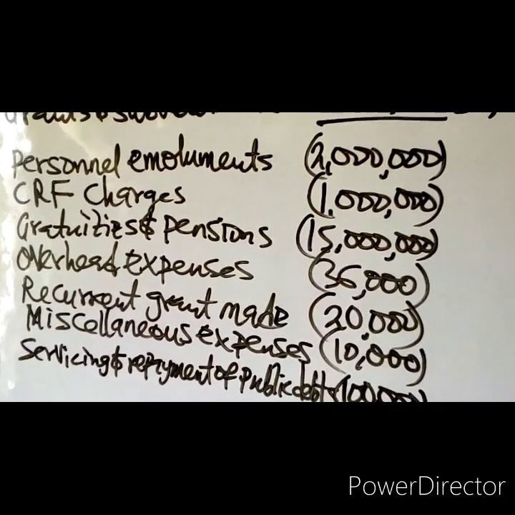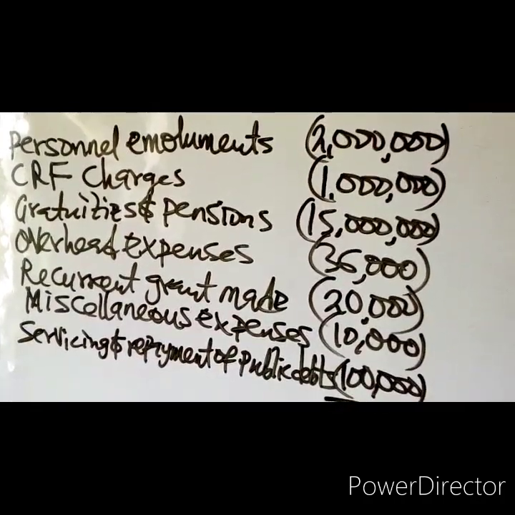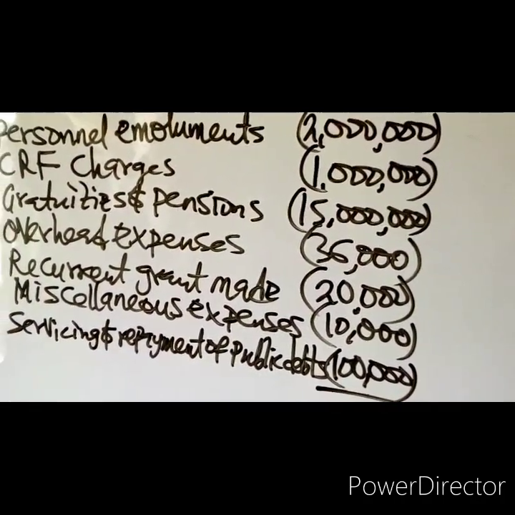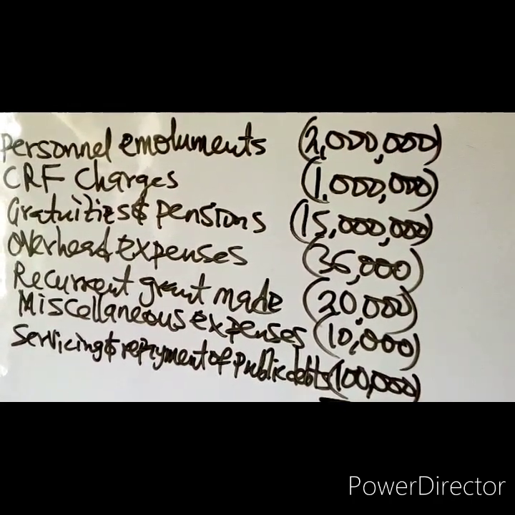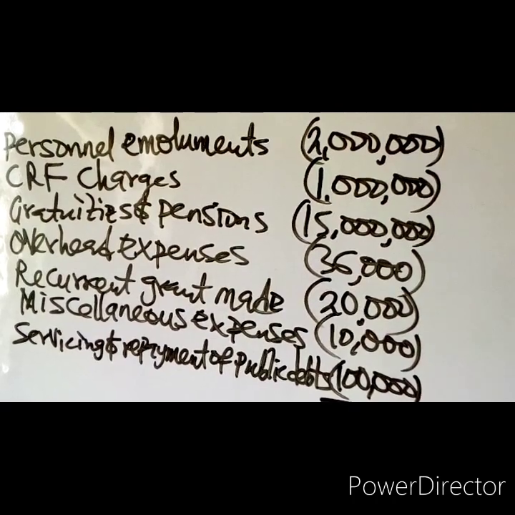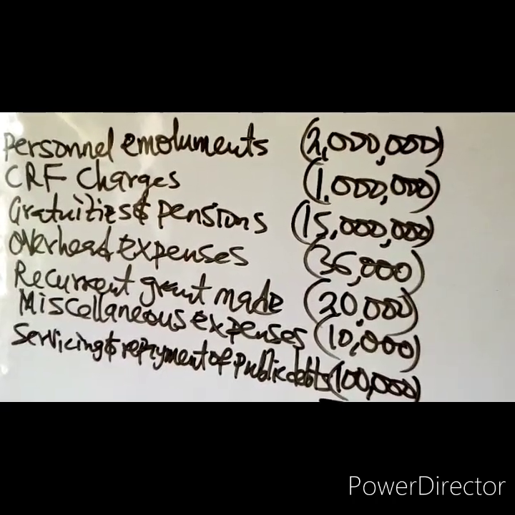Let's sum it up. So we have 2 million plus 1 million, that is 3 million, plus 15 million, plus 36,000, plus 20,000, plus 10,000, plus 100,000.